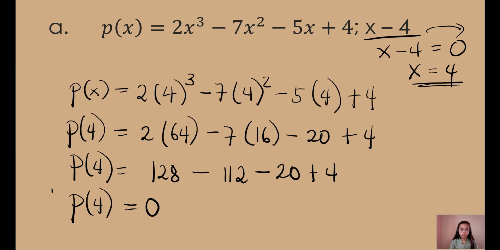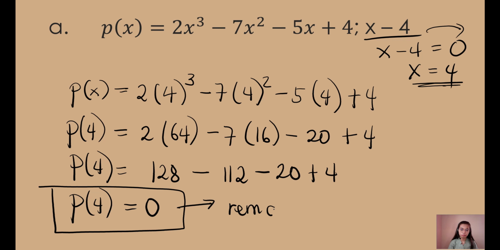Therefore, our p of x or p of 4 is equal to 0. Therefore, this is our remainder. So in conclusion, yung ating polynomial given x minus 4 as our divisor is equal to 0. So, wala tayong remainder. 0 yung ating nakuha.